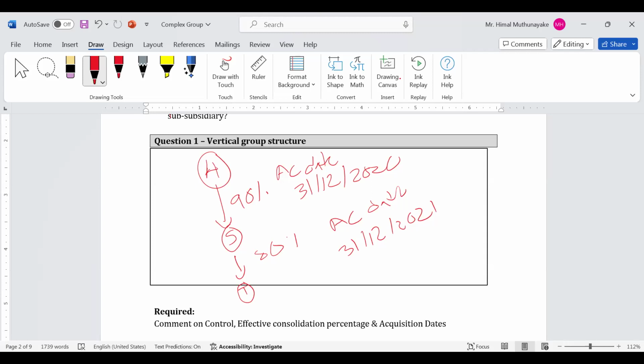Tell me, do they have the control? H has control over S, definitely. There is no issue. We know that H has control over S, a 90% control. Whether H has control over T, yes or no?